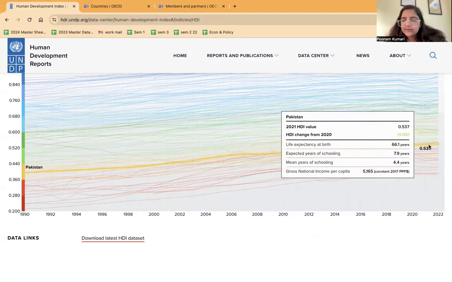So if you see this, right now in 2021, what is the life expectancy? 66 years at birth. What is the expected years of schooling? 7.8. And mean years of education is 4.4 years.